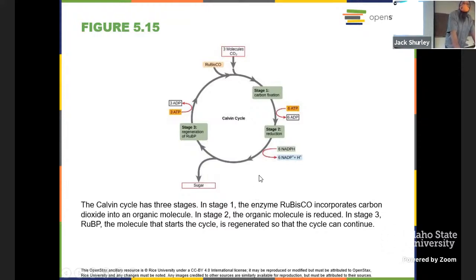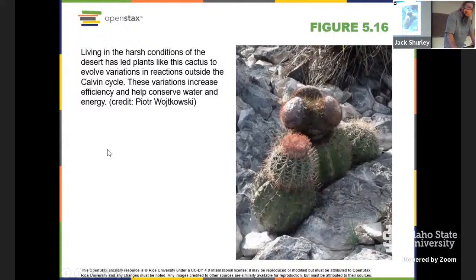So it doesn't just happen in one cycle, it's 6 cycles, 6 CO2s need to be incorporated to build this, because we constantly keep regenerating, right? It doesn't happen in just one shot or you'd run out of starter culture, right?